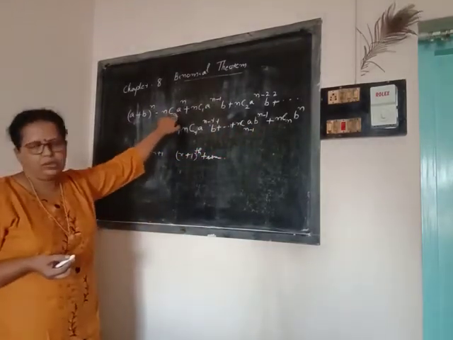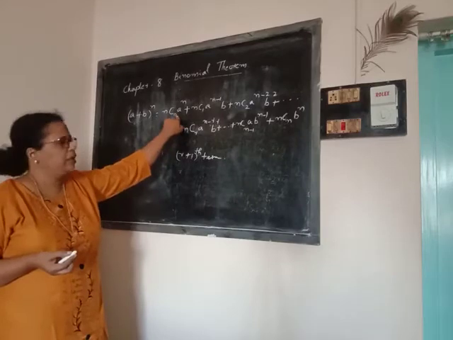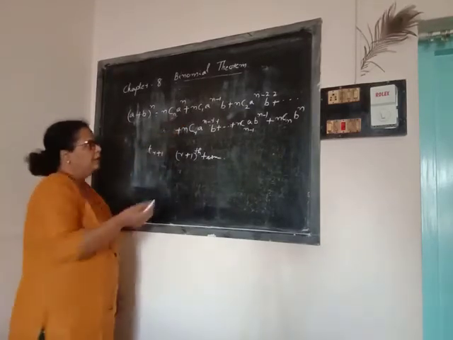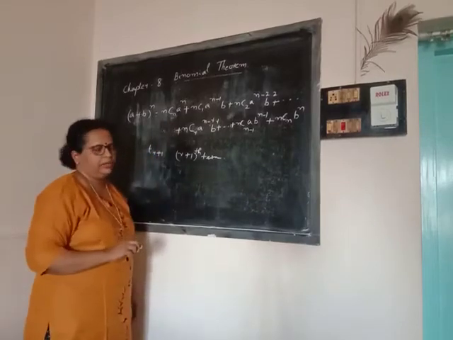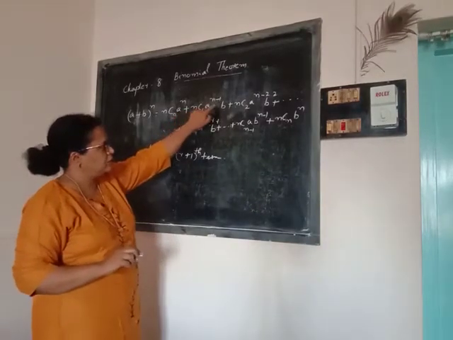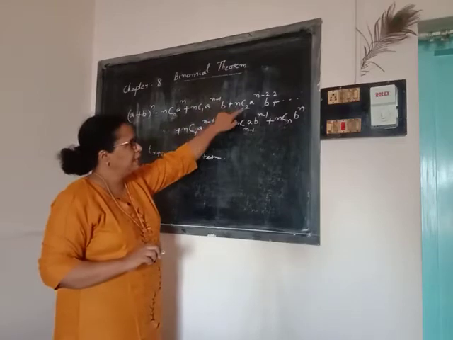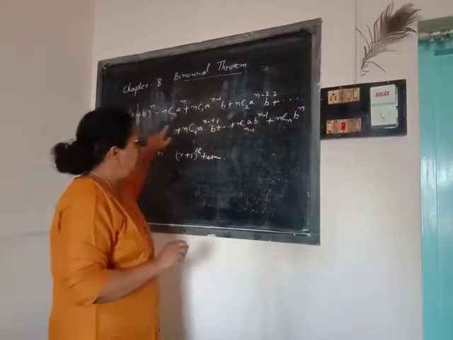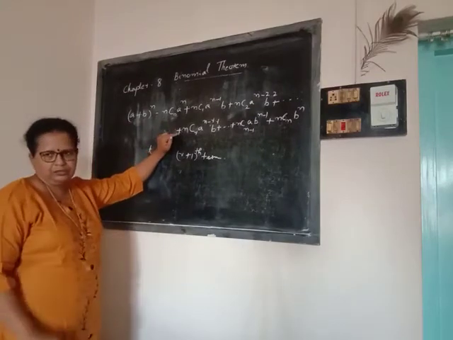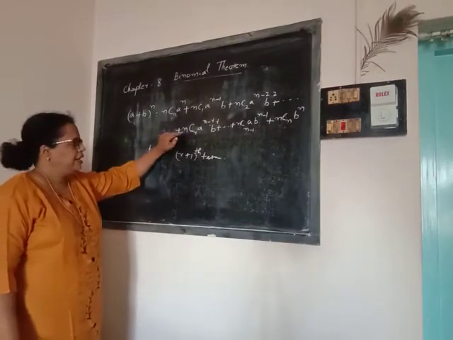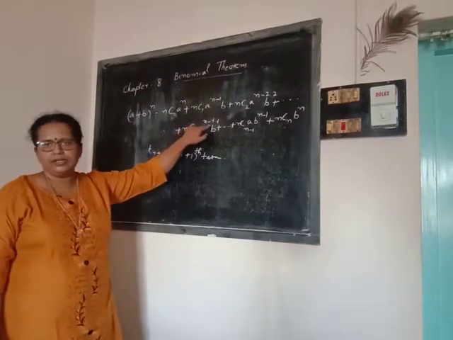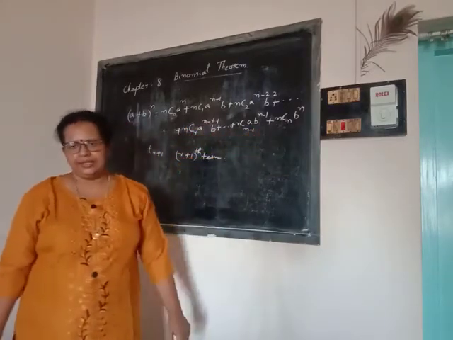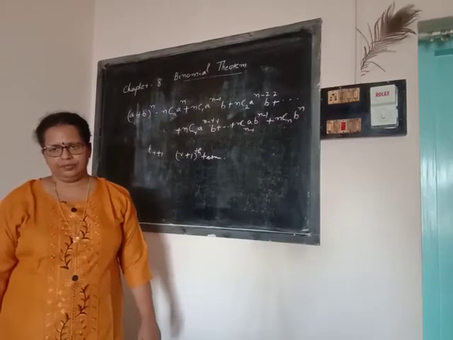You can start like that with A raised to n, but in general format it is better you write NC naught A raised to n plus NC1 A raised to n minus 1 B plus NC2 A raised to n minus 2 B squared plus etc. plus the r plus 1th term is the general term, NCR A raised to n minus r B raised to r, plus etc. plus last term NCN B raised to n.